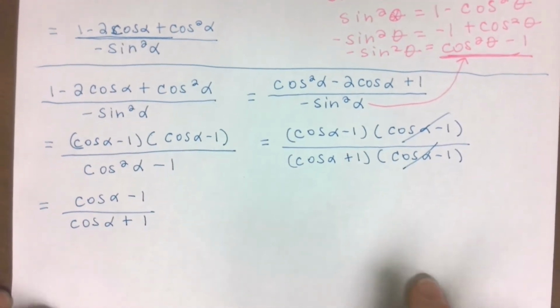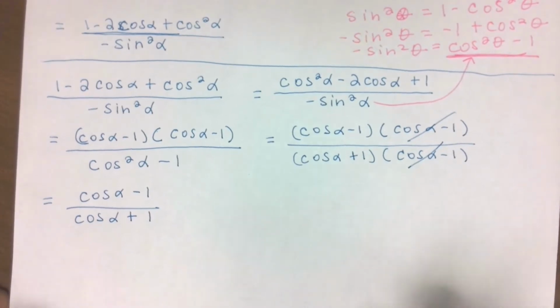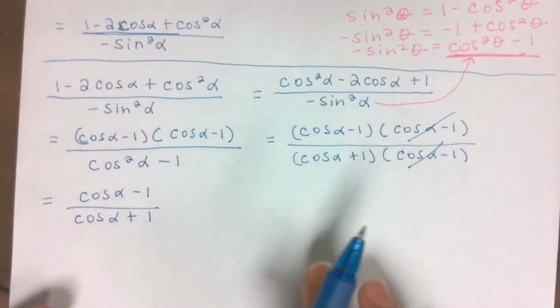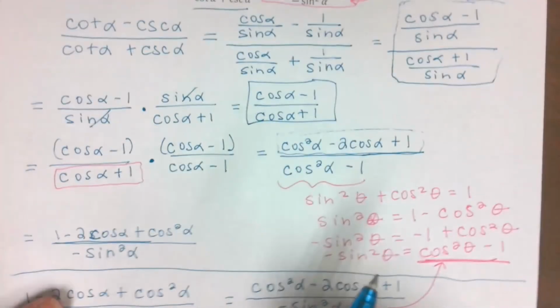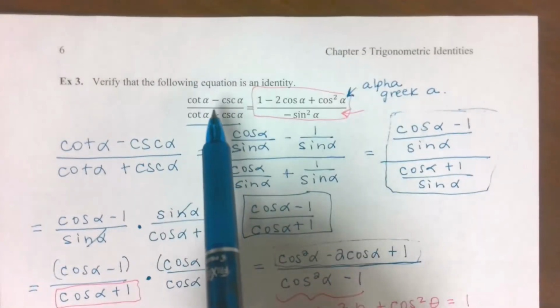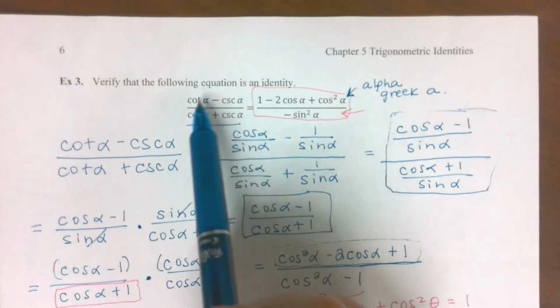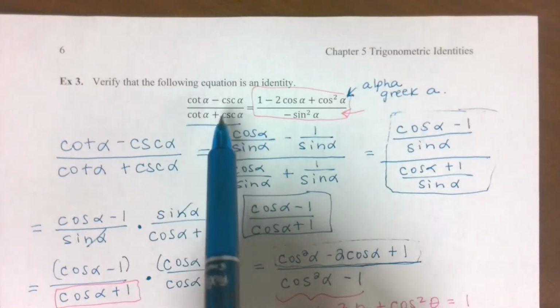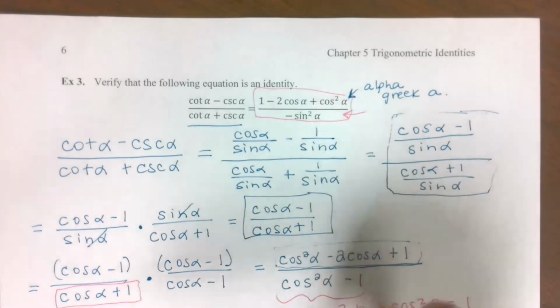Alright, so from here, the next step gets a little bit tricky. You have to think about what you're actually looking for. The left-hand side that we're looking for has cotangent and cosecant. So we need to know what relates cotangent and cosecant to cosine.